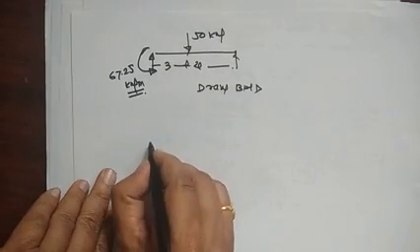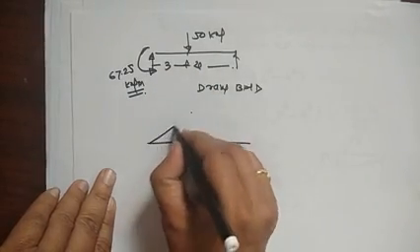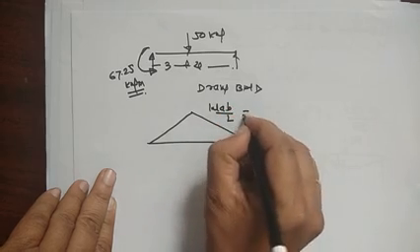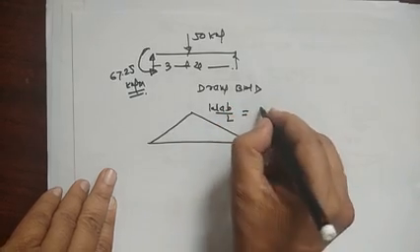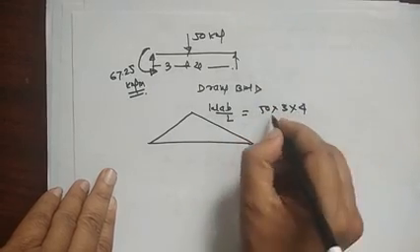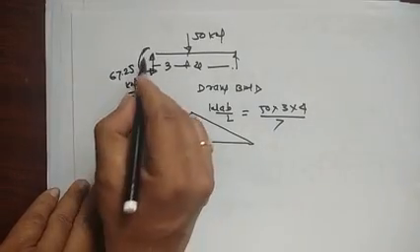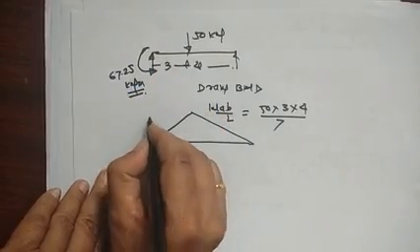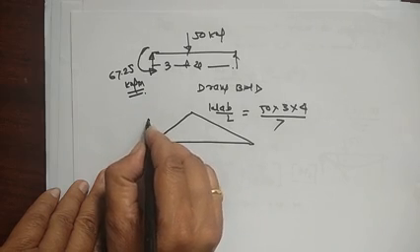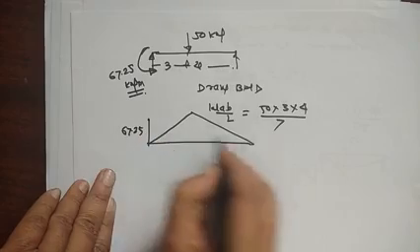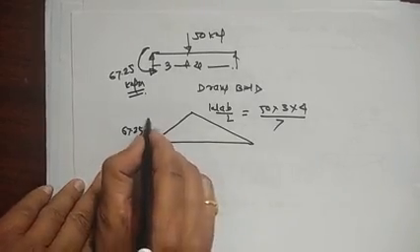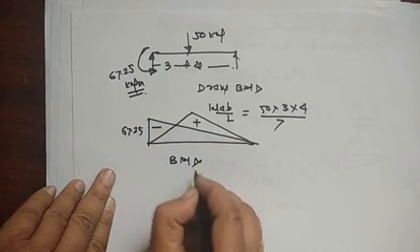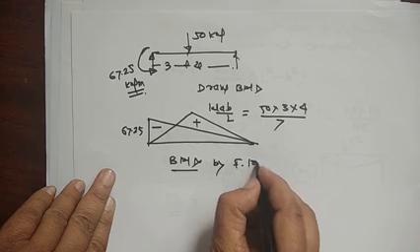For this simply supported beam, the bending moment is WAB by L, so that is equal to 50 into 3 into 4 divided by 7. At this support the moment creates a hogging bending moment, so this is minus 67.25. Here the bending moment is 0 because it is simply supported, so join this minus and this plus. So this is the final BMD by the flexibility matrix method.